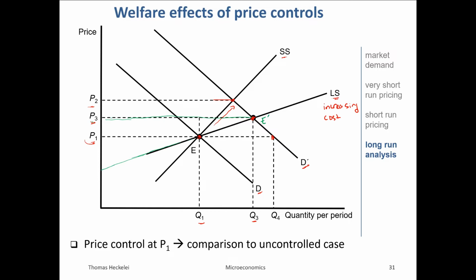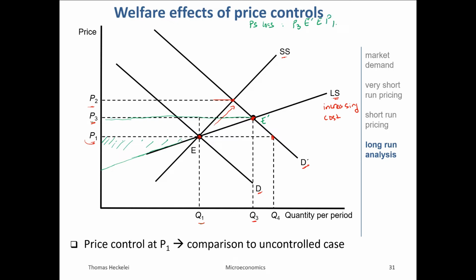Now, however, with the price control, they only sell at Q1 and P1. No? So their producer surplus is only this part. So the welfare loss, or producer surplus loss, is P3, E prime, E, P1.